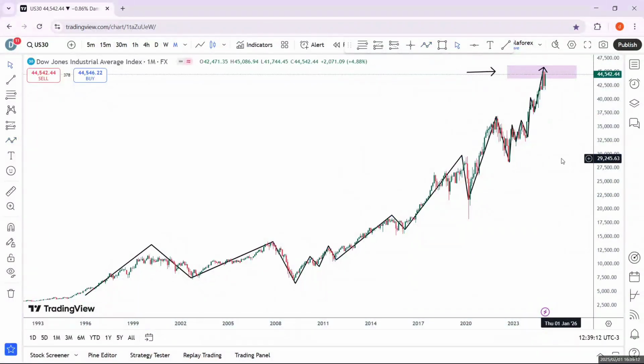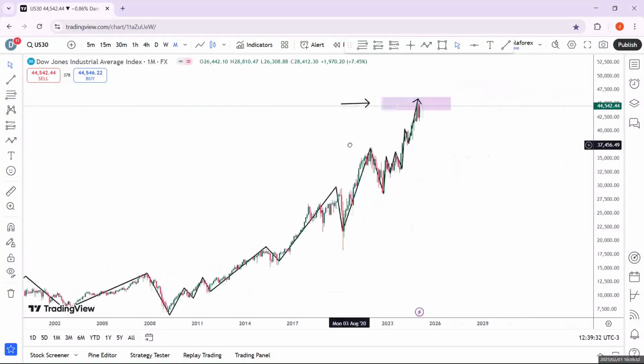Okay, so without any iota of doubt, US 30 is very bullish on the monthly time frame. Remember that a bullish structure entails the coordination of higher highs and higher lows, okay? And these are all clear coordinations of higher highs and higher lows, okay? So what are we going to do?